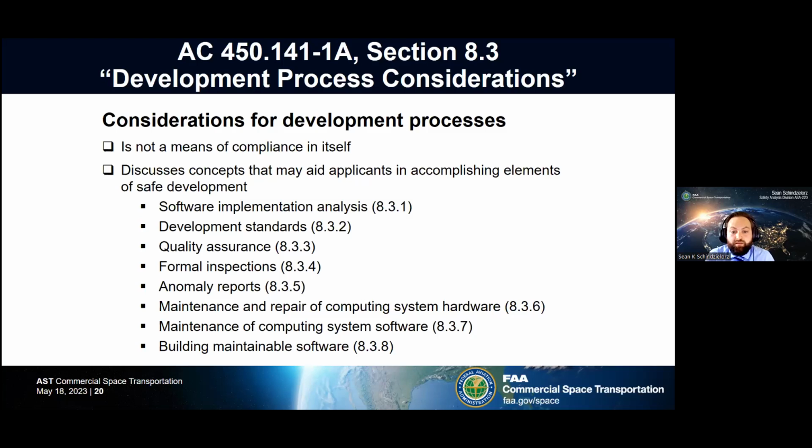This includes things like software implementation analyses, development standards, quality assurance processes, formal inspections, anomaly reporting, which is part of establishing some of the feedback loops we discussed earlier. It also can cover maintenance of hardware, maintenance of software, and good practices for building maintainable software, like partitioning.